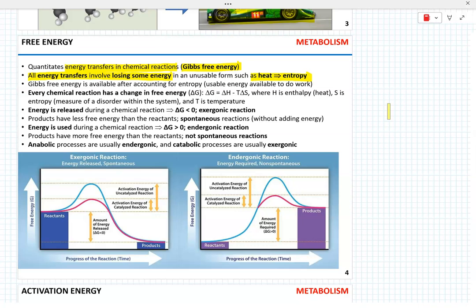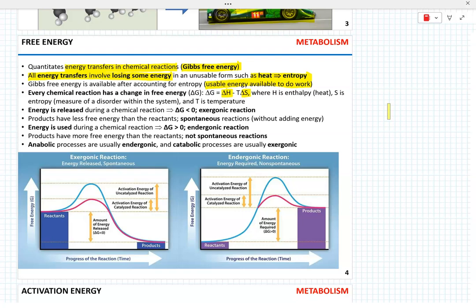Gibbs free energy takes into account the heat energy or enthalpy, H, and entropy, S. Gibbs free energy essentially is a usable energy that is available to do work in a system.